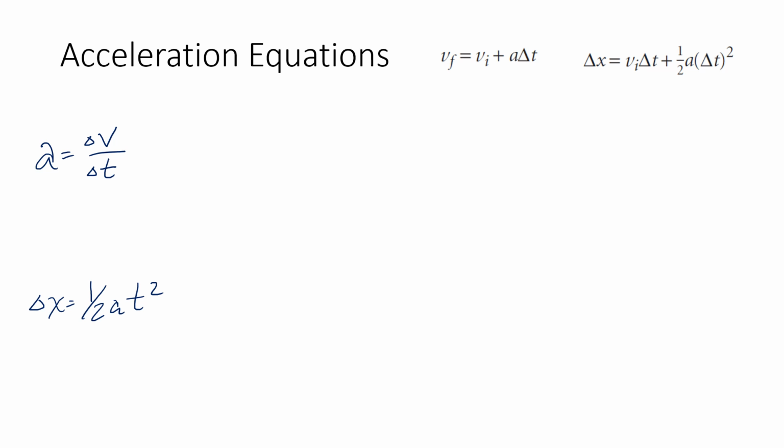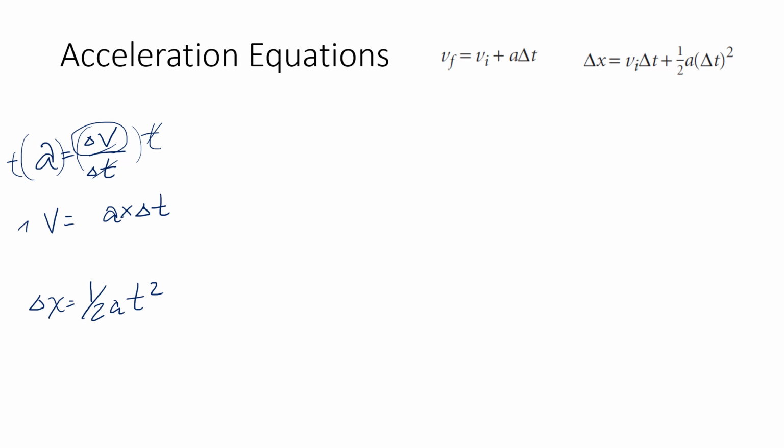Let's rearrange the first one so that it's in the form of v. So v is equal to a times delta t. All I did was multiply both sides by t. The t's cancel, so v is equal to a times t.